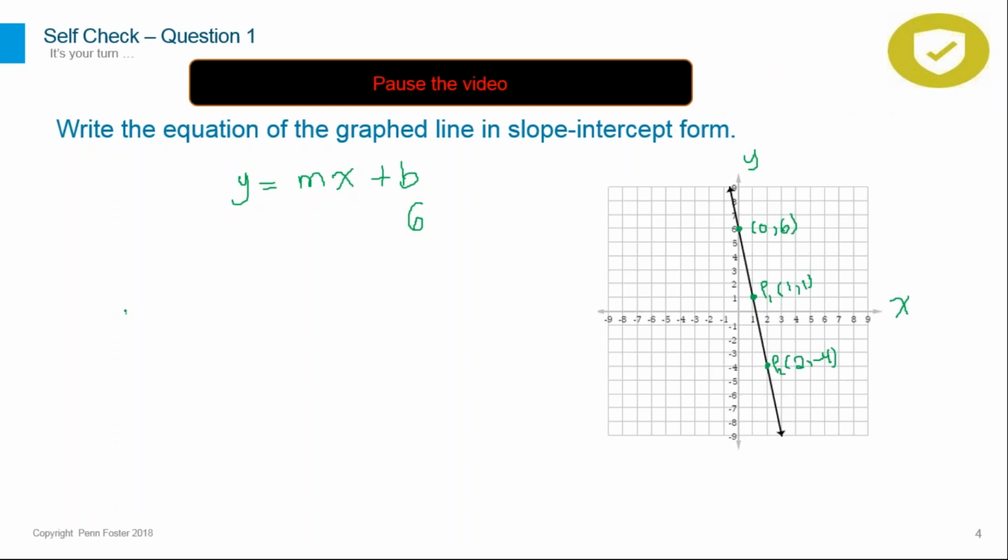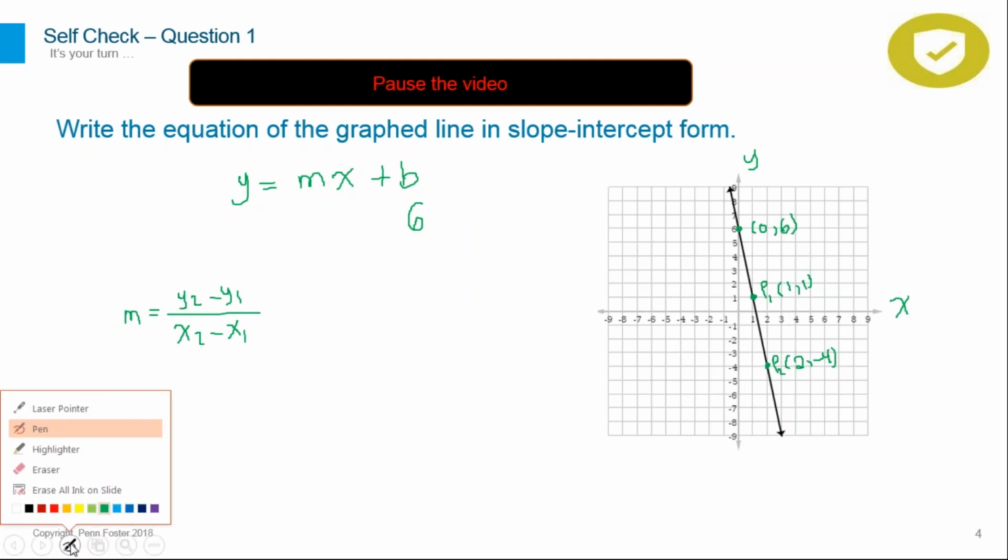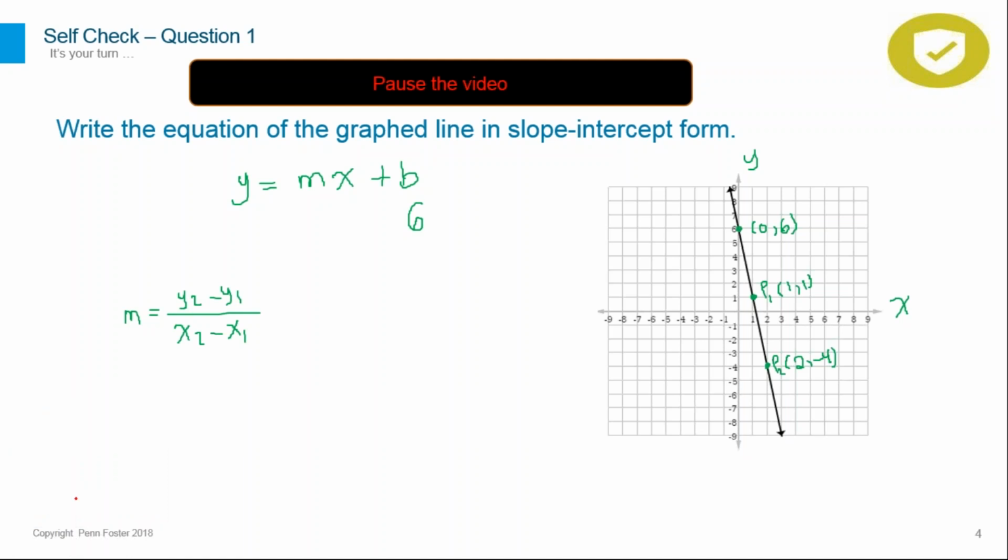Now, because the slope formula m equals y2 minus y1 over x2 minus x1 calls for those values, it's easy for me to label my coordinates before I go ahead and plug in the numbers in this formula, so I avoid mixing up the coordinates. If I do y1 minus y2 and then x2 minus x1, that will give me the wrong slope.